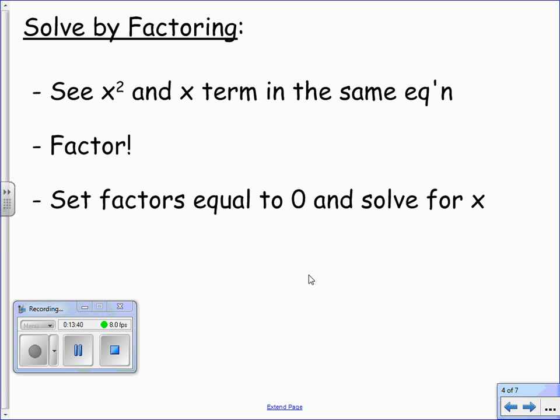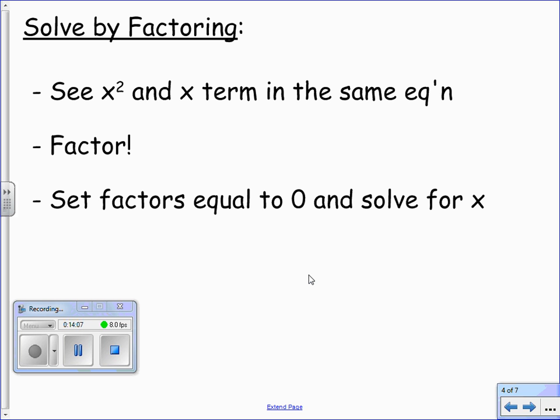Eventually, we'll talk about quadratic formula. You'll factor the polynomial. You can use guess and check for trinomials. You can use the greatest common factor if you have only 2 terms. Check to see if they have anything in common. And then once you factor it, the only extra thing we have to do is set our factors equal to 0 and solve.